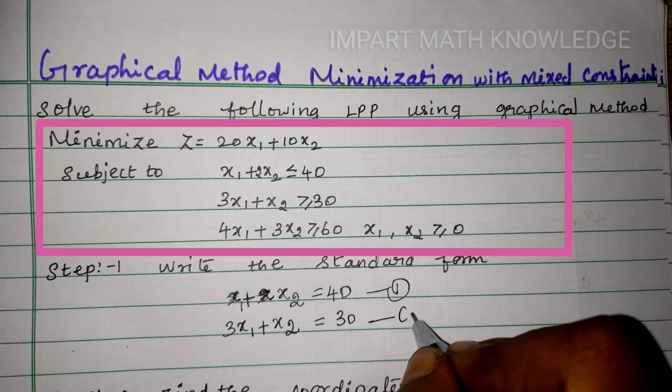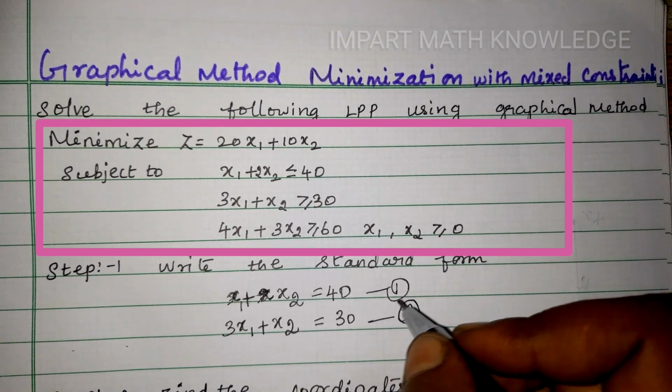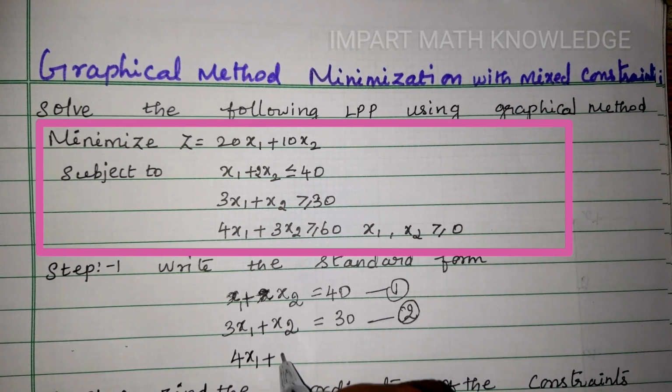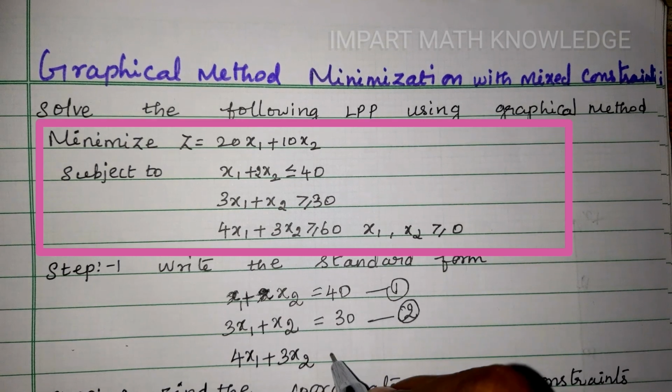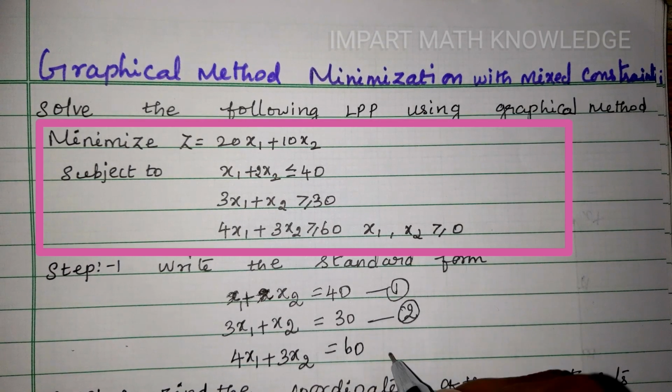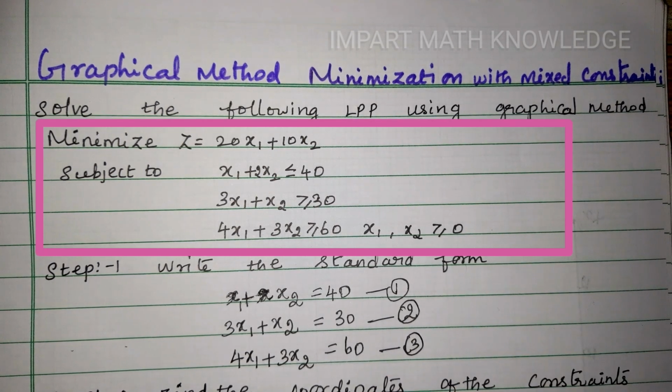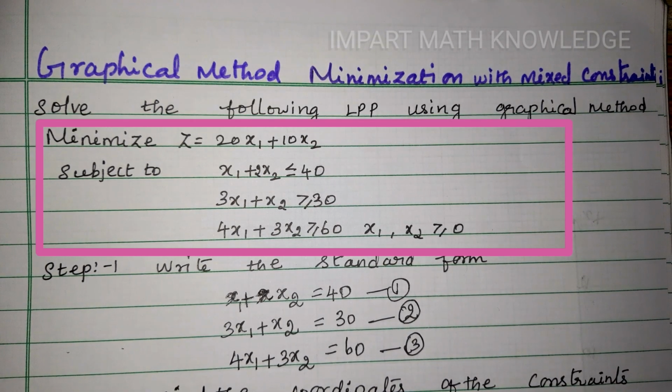You take this as number 2. Then 4x1 plus 3x2 is equal to 60. You take this as number 3. First step is to convert the inequality constraints into equal form.